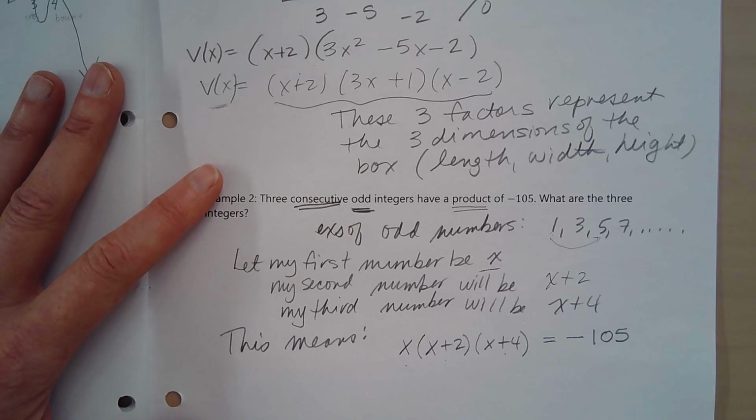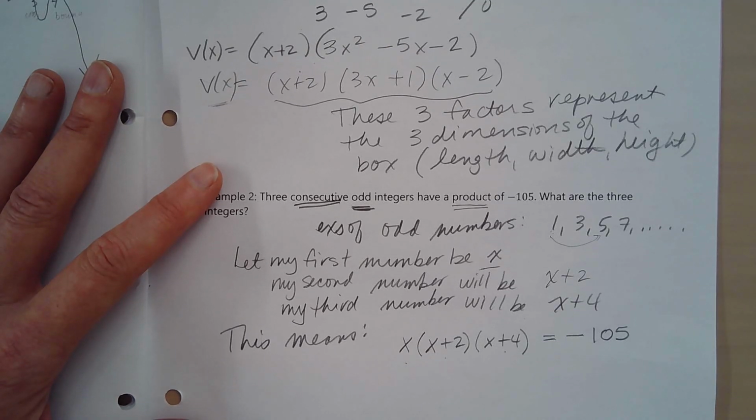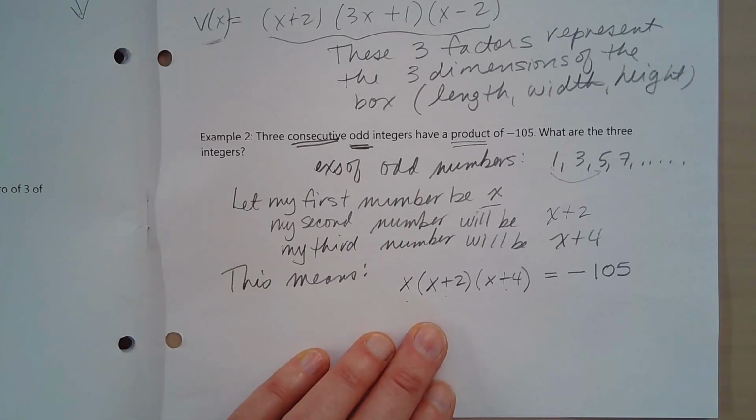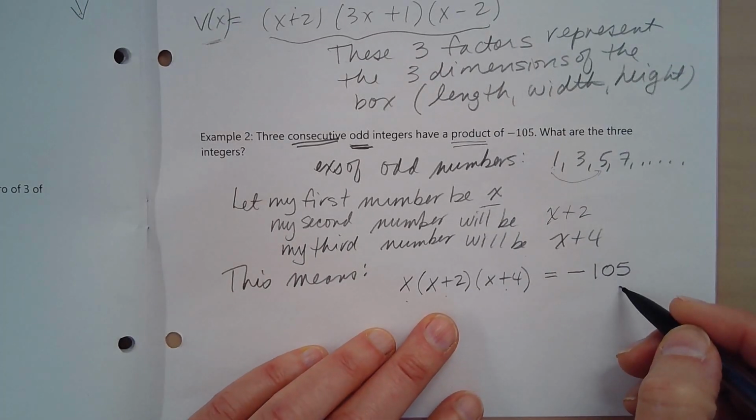Do you think we could do this one with pen and paper? Negative 105 isn't that big of a number, but how would you do this question with pen and paper, without a calculator? Yeah, you could figure out the factors of 105, right?